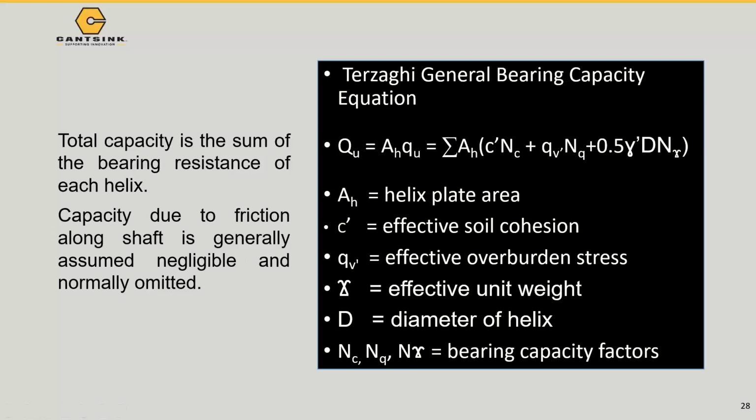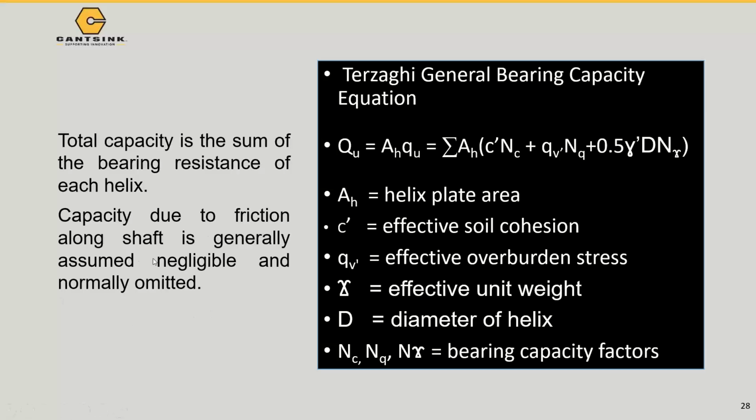That's why I said for small diameter helical piles, the pile resists load through these helical plates. So basically, you might say that this is really an end bearing pile. For large diameter helical piles, it could be a combination of friction and bearing.